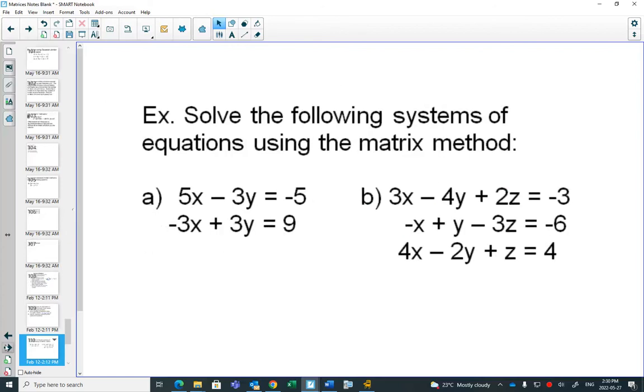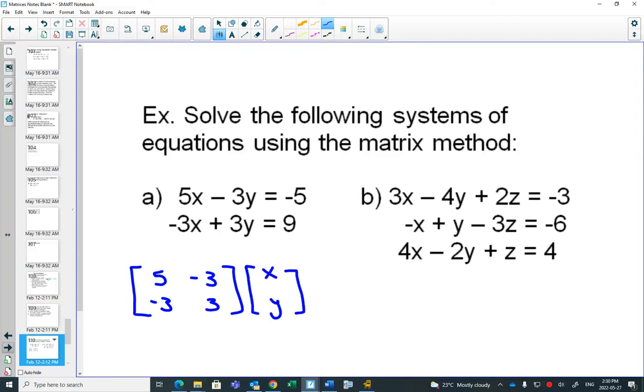Okay. So the first two, if we were solving using the matrix method, that's where we set up a matrix for our coefficients. We make sure that our variables are written in the same order.